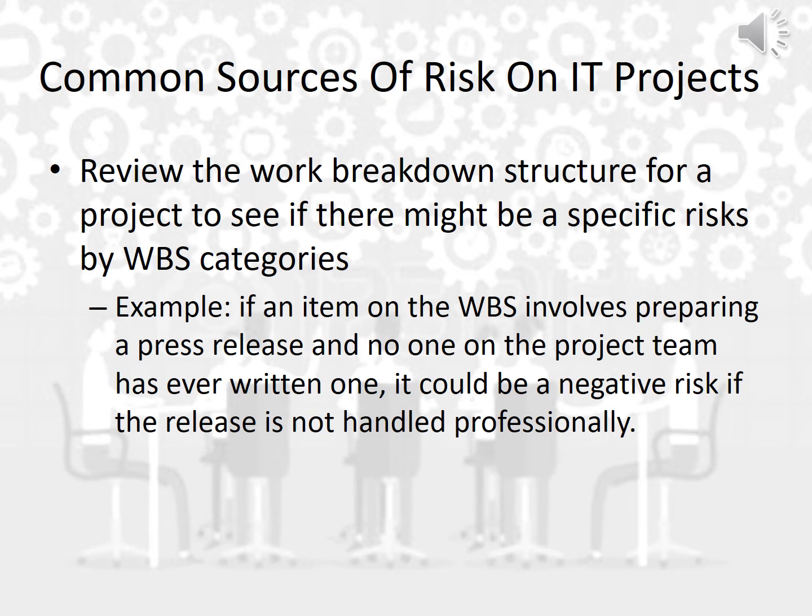If an item on the WBS involves preparing a press release, and no one on the project team has ever written one, it could be a negative risk if the release is not handled professionally. Here they are talking about a team in media where they try to write a press release.